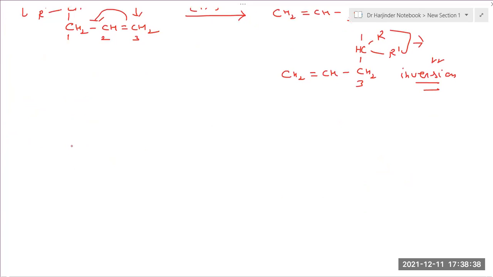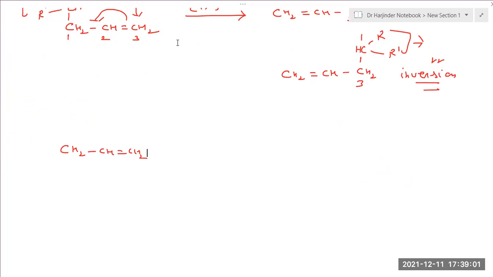Okay, so how did the migration of hydrogen take place, via formation of which species? Allylic radical.